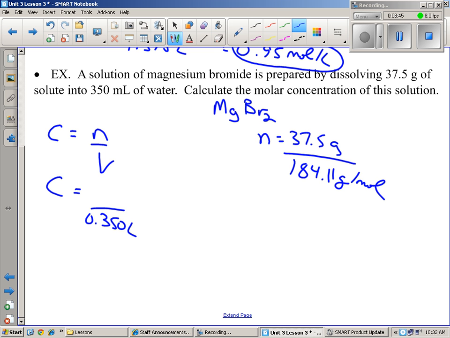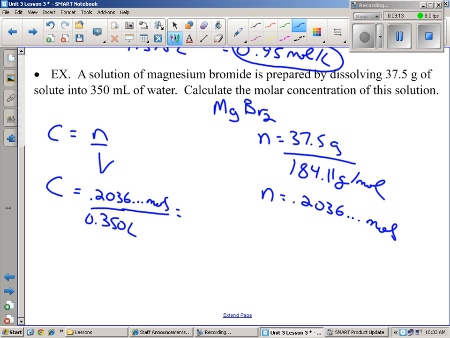Grams per mole. Dividing those two, 37.5 by 184.11, will give me N: 0.2036. Once again, we don't want to round that number. We want to keep that unrounded number and put it in over here.